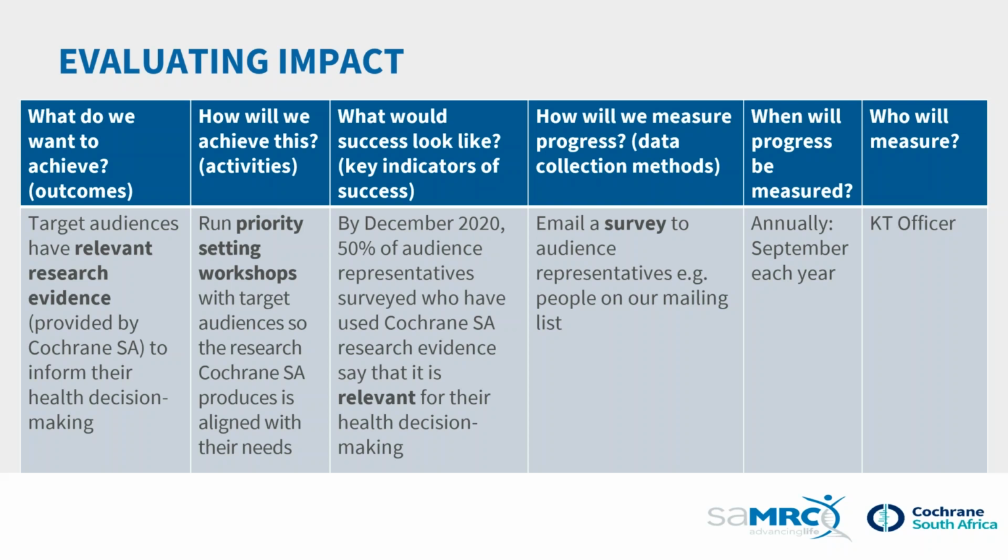We also need to make decisions about how often we will measure that impact. Are we going to send out the survey monthly or annually, and who will be responsible to develop and disseminate the survey, and who will be responsible to analyze the survey results?